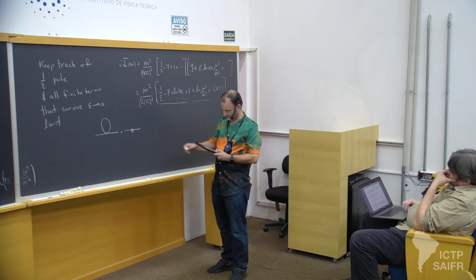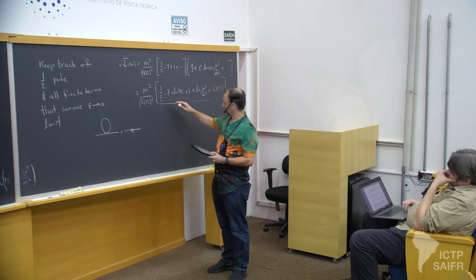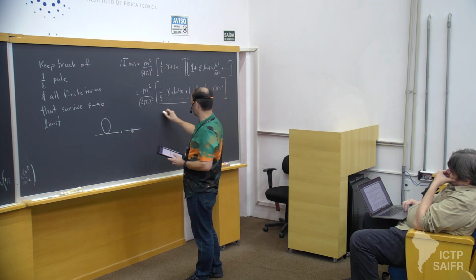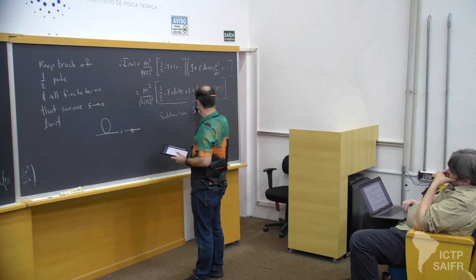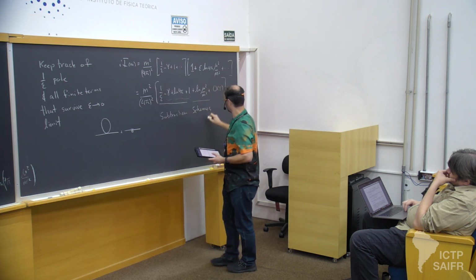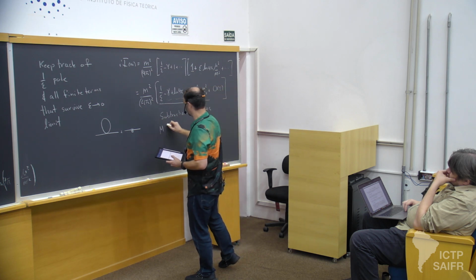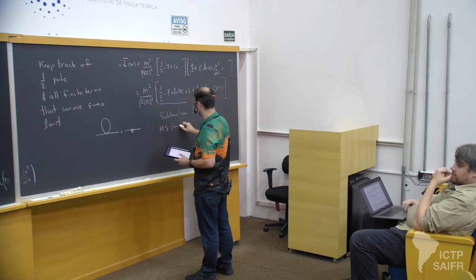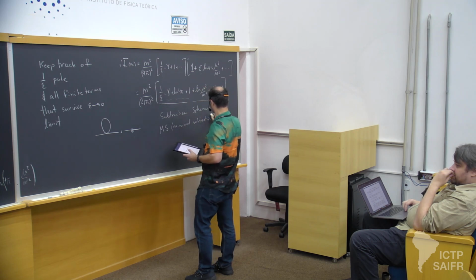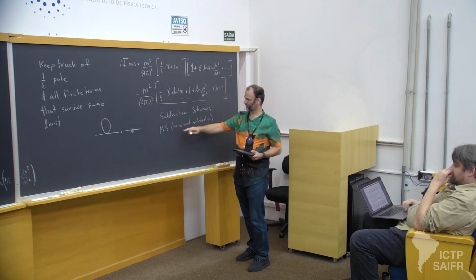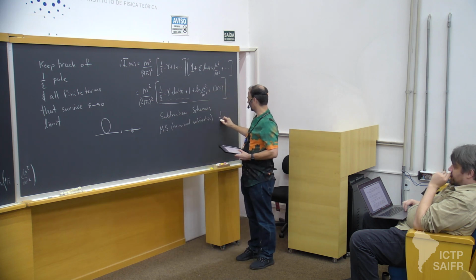So we subtract it. Now, there are different subtraction schemes, just to tie it to the literature. There's MS, which is minimal subtraction. Here you only remove the 1 over epsilon.